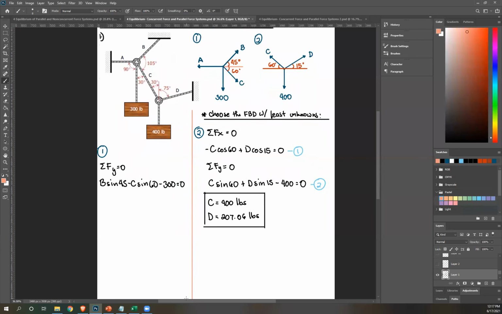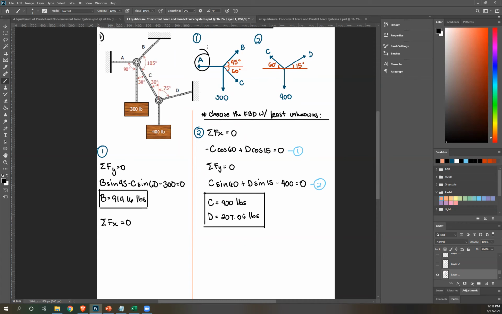C is 400, so I can just solve that here and solve for B. B is 914.16 pounds. So that's one of the questions. And then we can move on to summation of forces x equals 0.